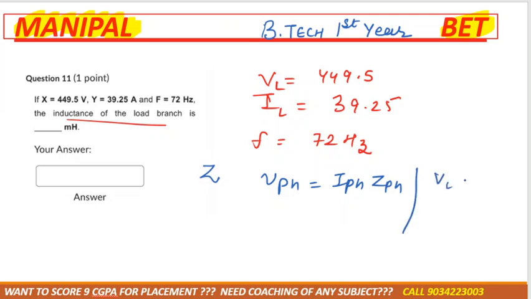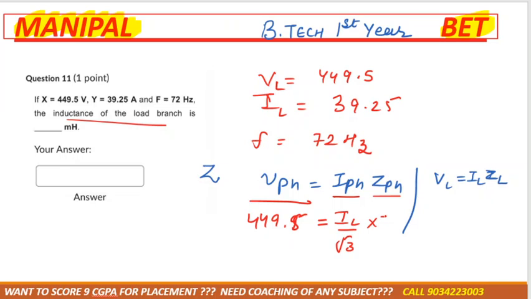Remember I told you we should never use this formula, VL is equal to IL into ZL, right? So VPH is equal to IPH into ZPH. In delta, VL is VPH, so 449.5. IPH is how much? IPH is IL by root 3. Yeah, this is delta connection only. In the delta connection, voltage is same, right?